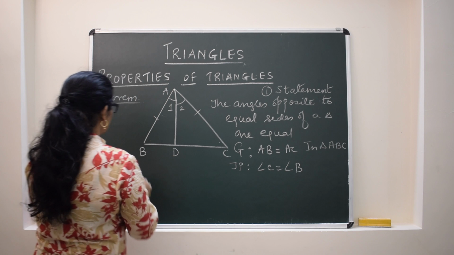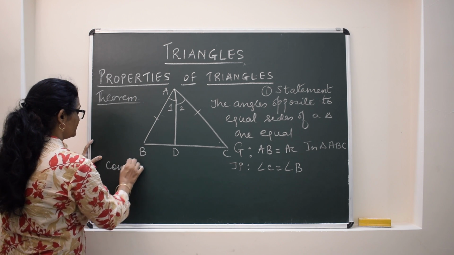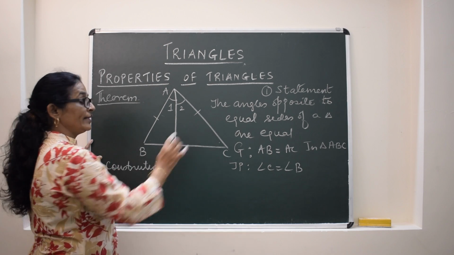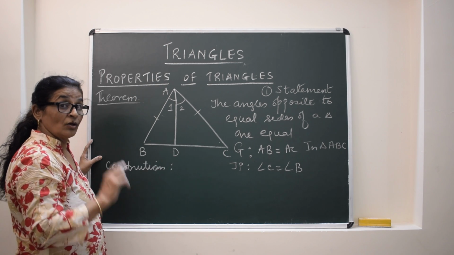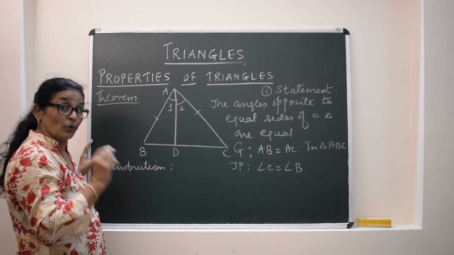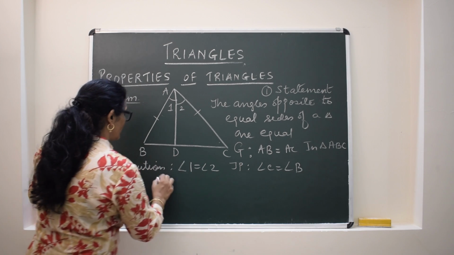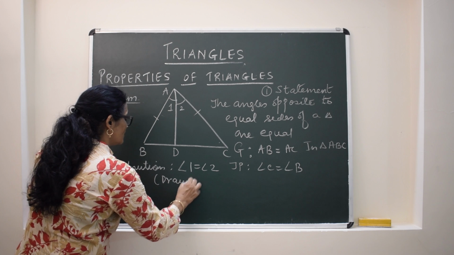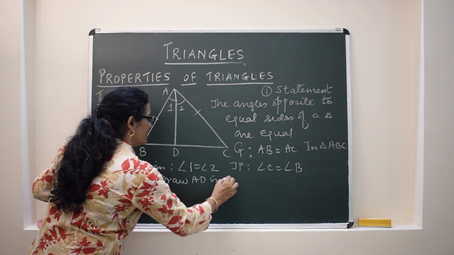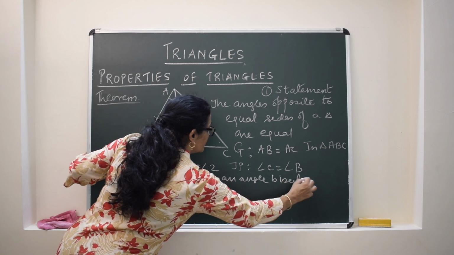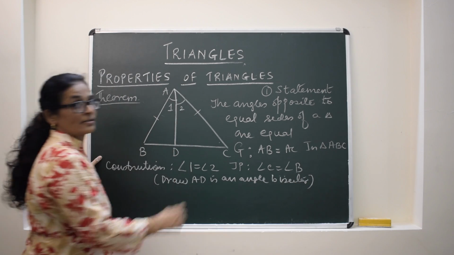You can write this construction in words that draw AD as an angle bisector, or directly if you want to write symbolically, you may write angle 1 is equal to angle 2 since AD is an angle bisector. So this is the construction.